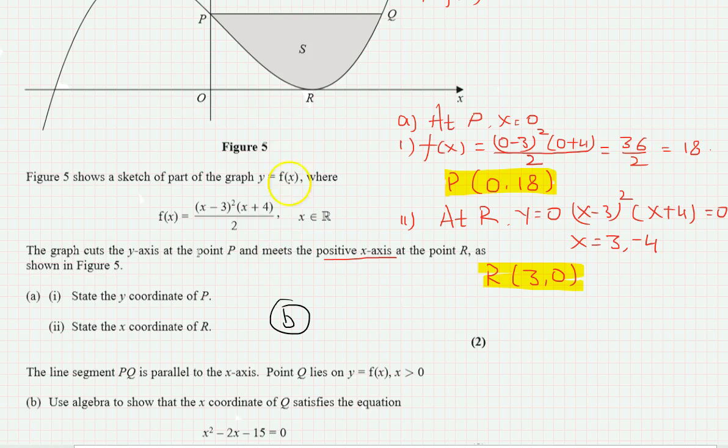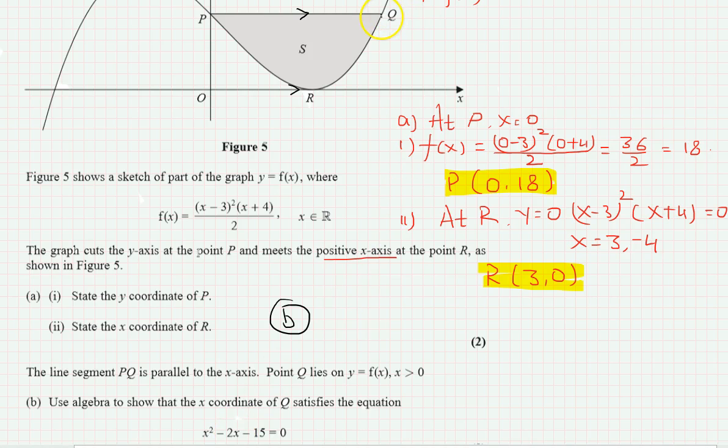Now part B. The line segment PQ is parallel to x-axis. So these two lines are parallel. And the point Q lies on the graph. Use algebra to show that x coordinates of Q satisfy this equation.